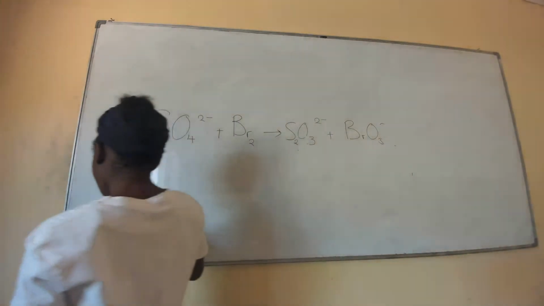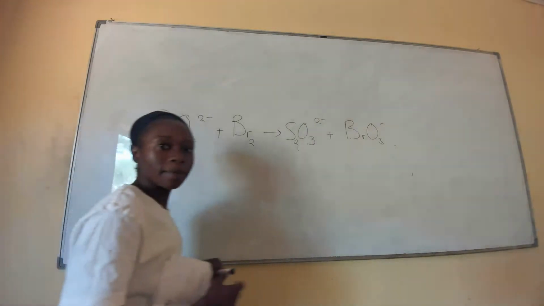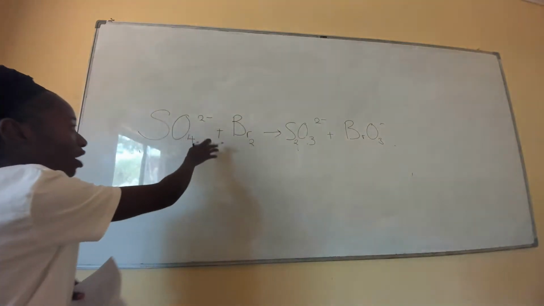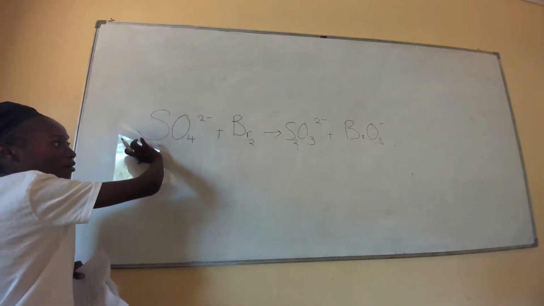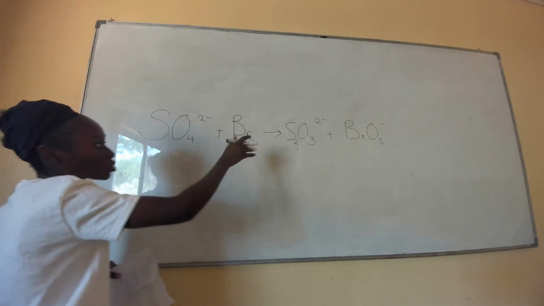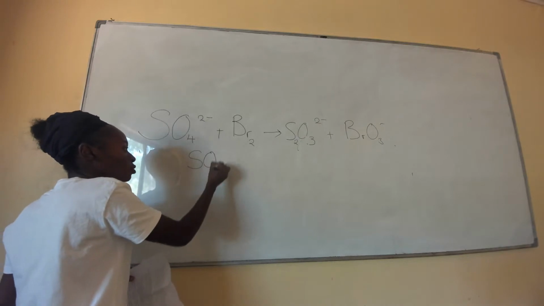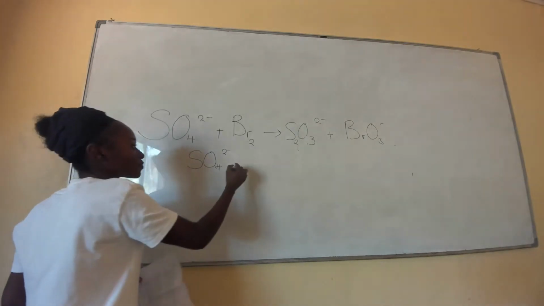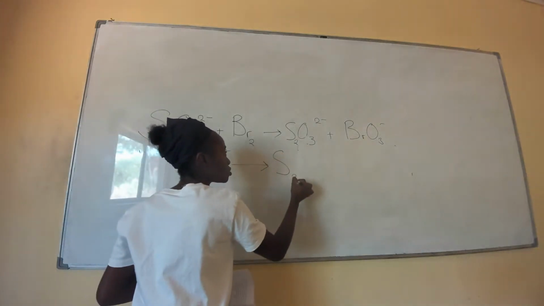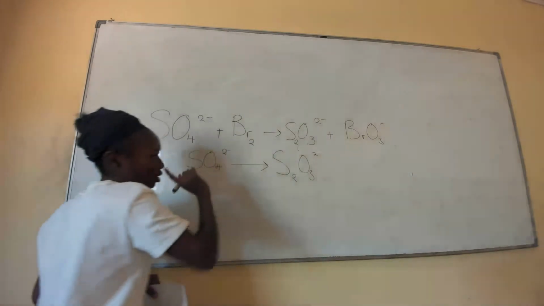We know the first step in balancing redox reactions is to separate them into 2 separate half reactions, discovering which one is being oxidized and which one is being reduced. So our first reaction is SO4 2 minus to give us S2O3 2 minus.